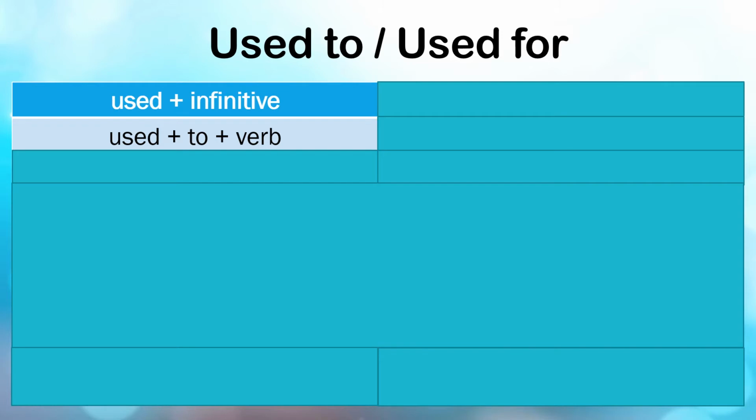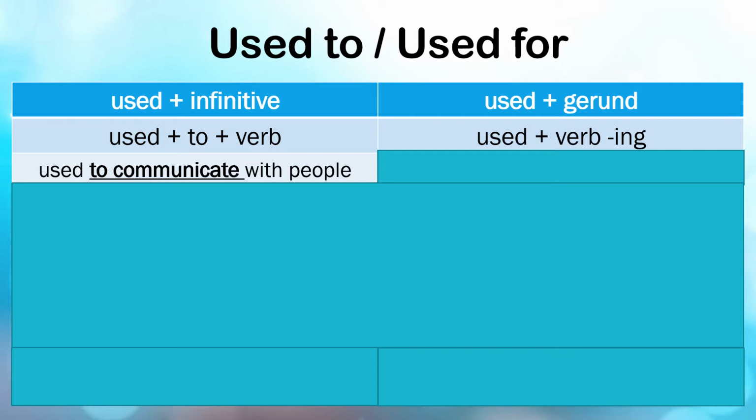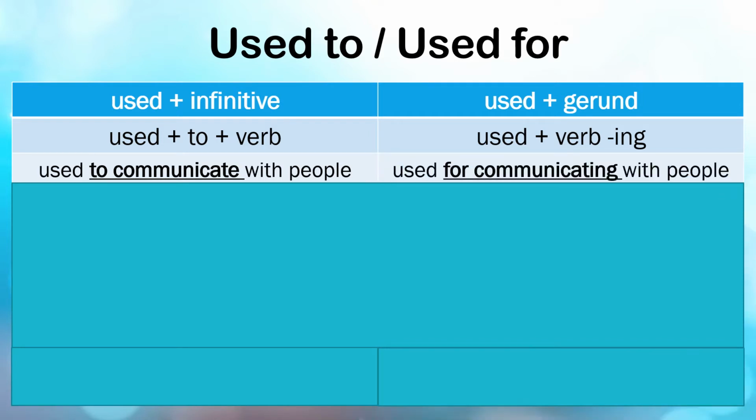The verb has to be in simple form. For example, used to communicate with people. Or we may say used plus a gerund. That is used plus a verb that ends in ing. For instance, used for communicating with people.